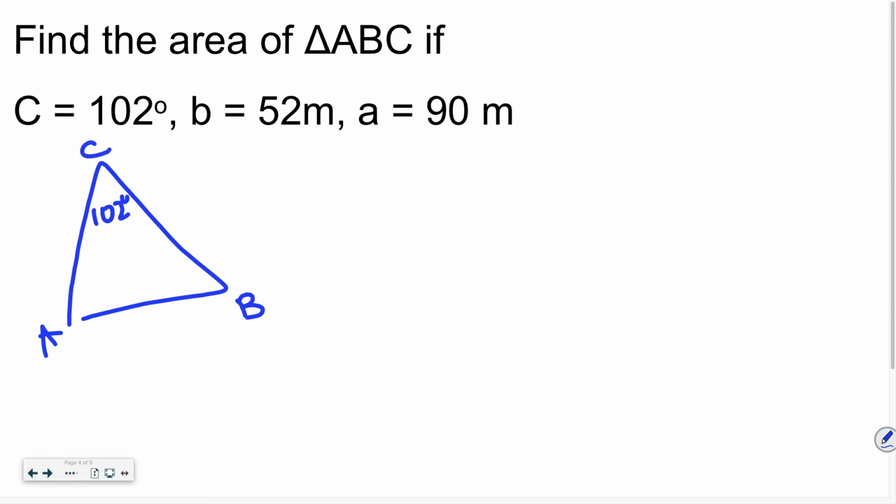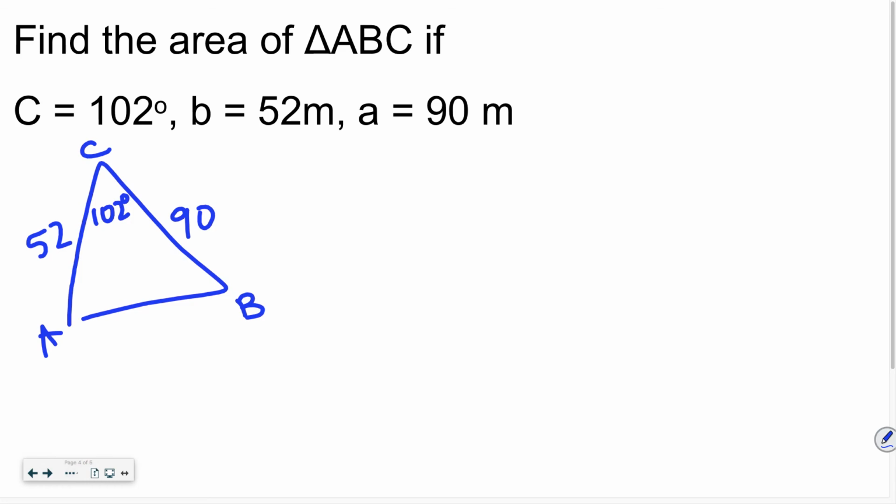So angle C is 102 degrees, side B is 52, and side A is 90 meters. Okay, so do we have two sides with an angle in between?